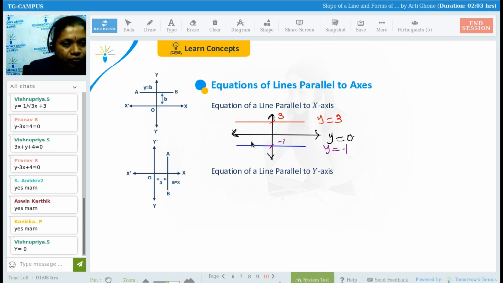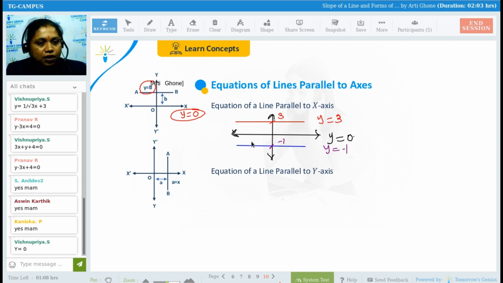So in general, if x-axis has equation y is equal to 0, then the line passing through the point B will have equation y is equal to B. Here the x variable is getting 0. First thing to note down, and intercept is not available over there. X value is not involved and no intercept is taking part.